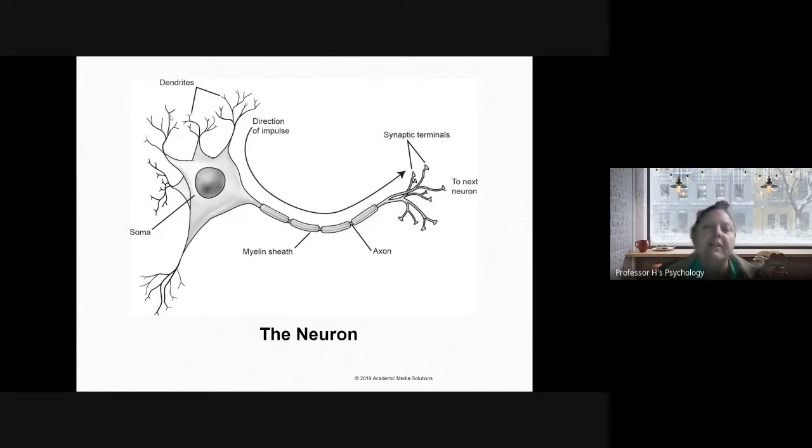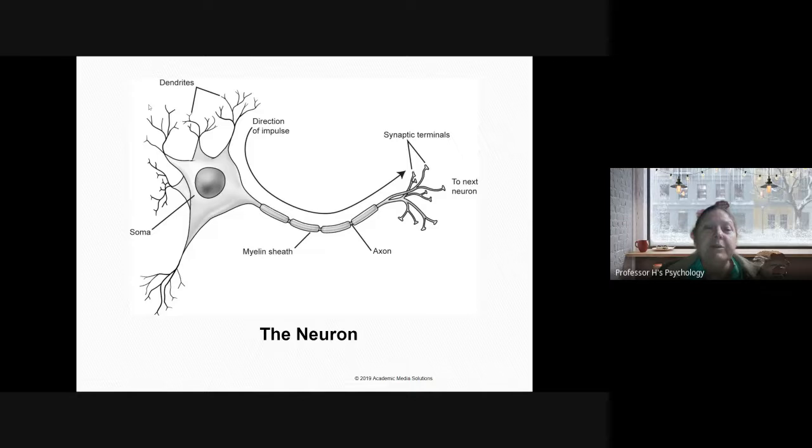These dendrites have a little thing on them called a dendritic spine. And on these little spines are receptors. The receptors receive the neurotransmitter, which is the chemical messenger, from the upstream or presynaptic neurons. So the neuron sending a message over here somewhere would release a chemical called a neurotransmitter.